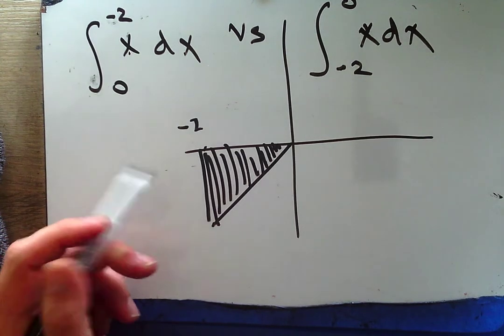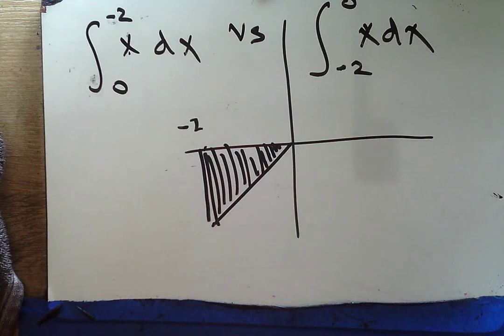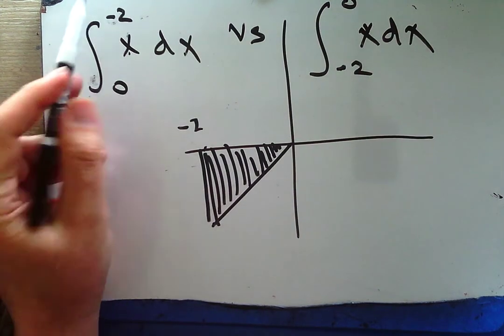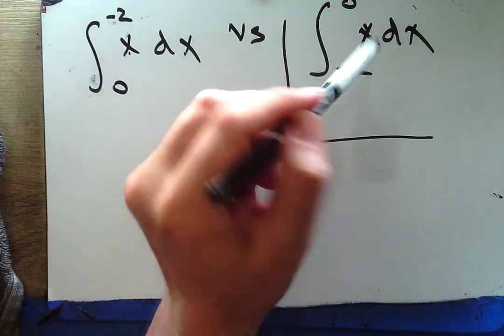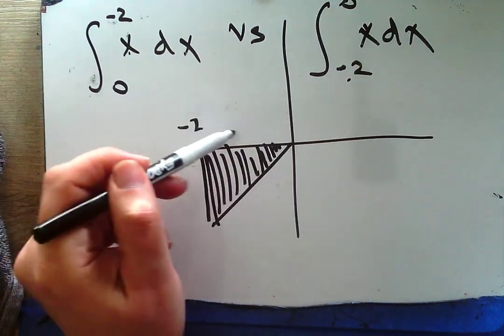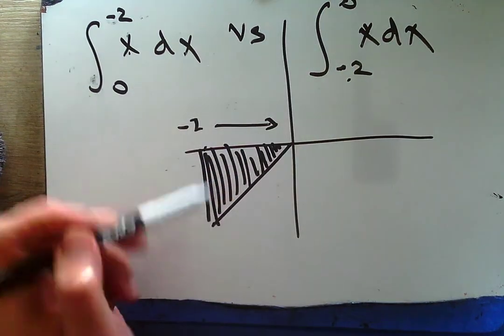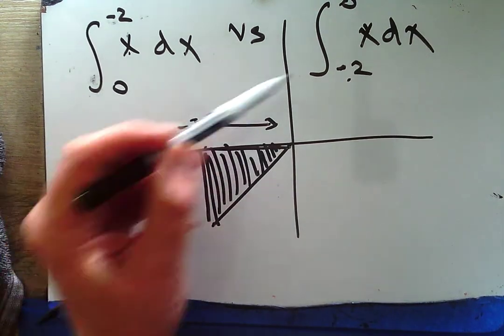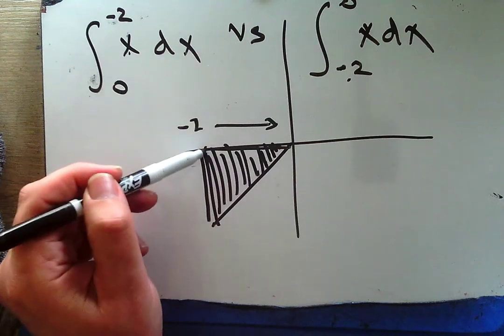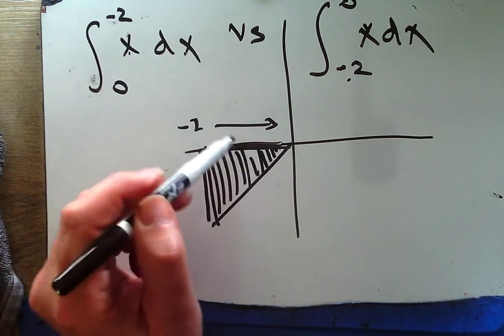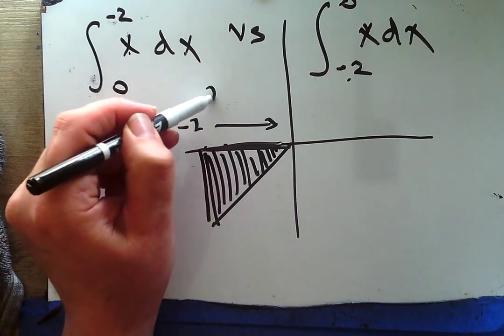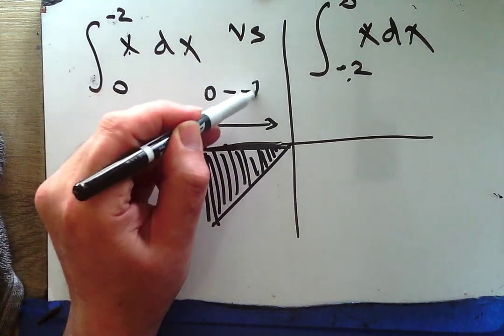Any thoughts? Well, so I went from -2 to 0. I went this way. I integrated this way. And that's usually the way I do it, from smallest to largest. And remember, when we did smallest to largest, we said we would find this length by doing largest minus smallest.